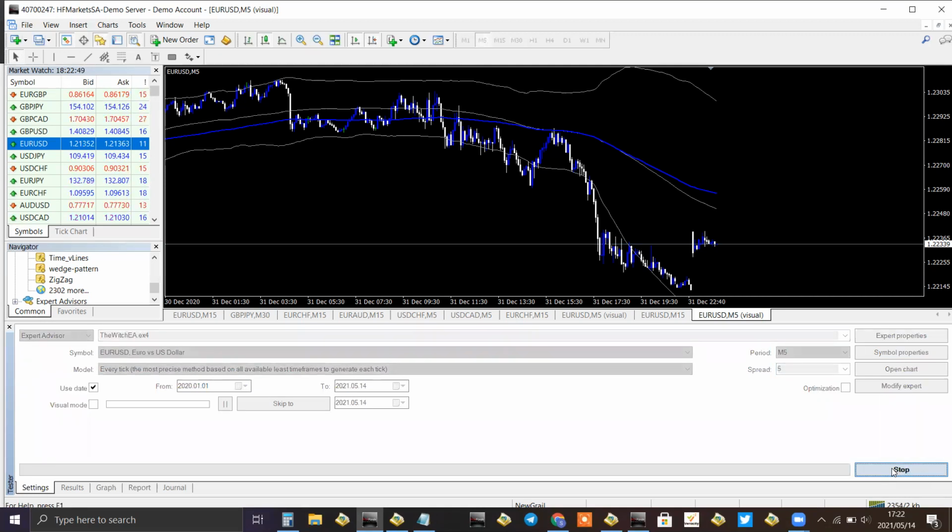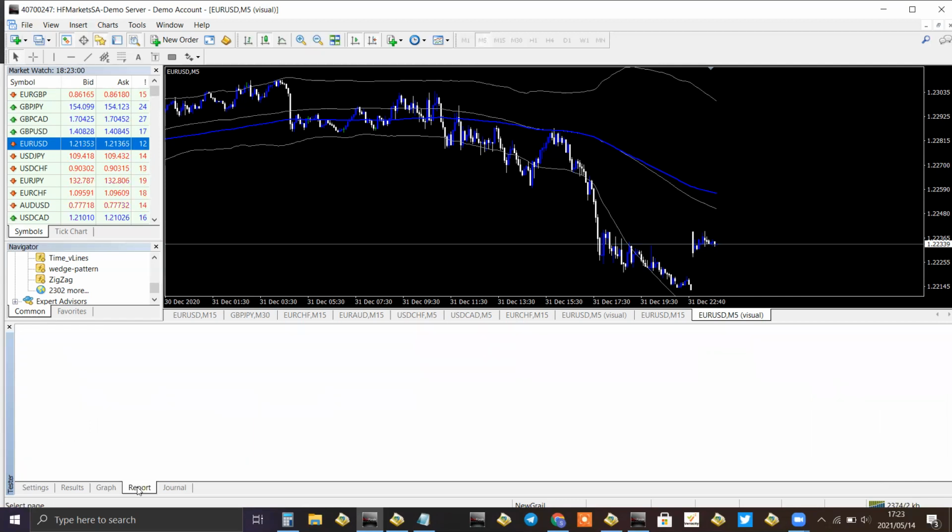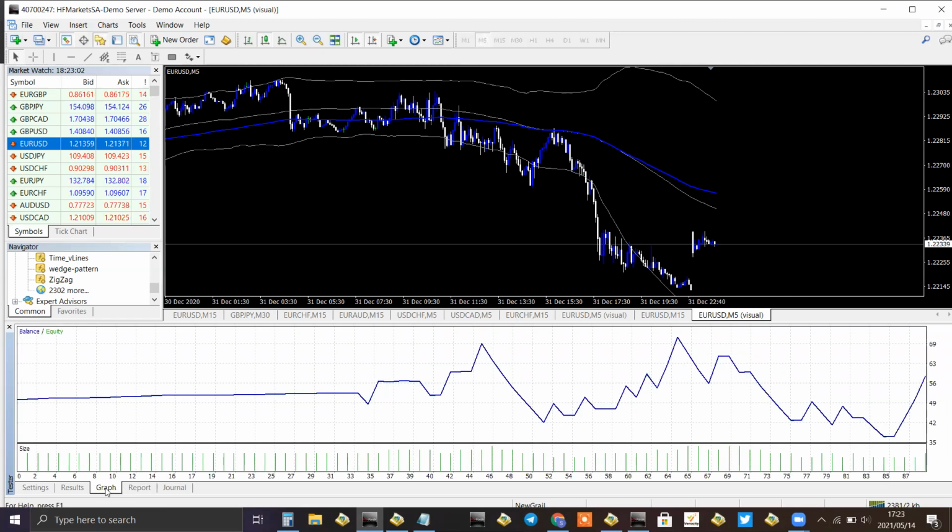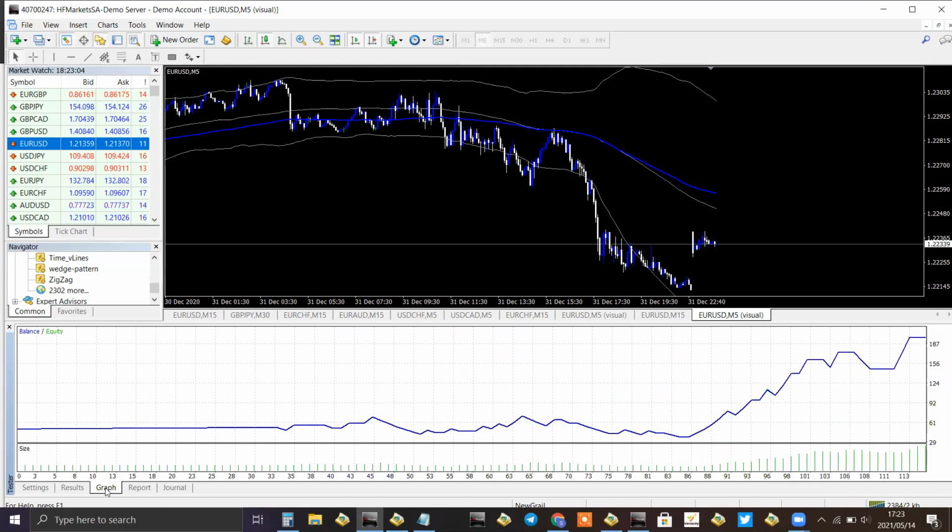So let's run this one. Now we're running it. We have taken out the spread, but we have not yet excluded the commission. But let me just show you what it does here.